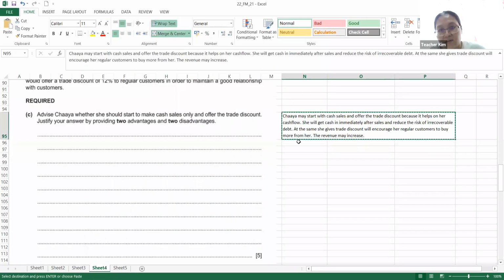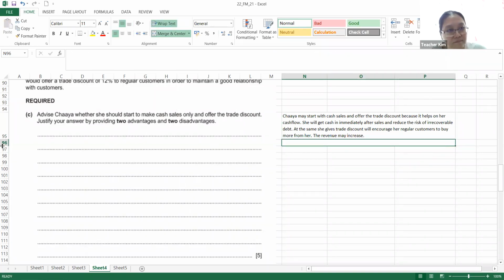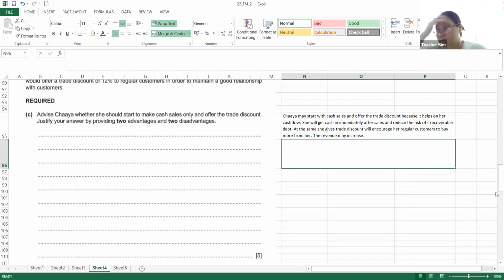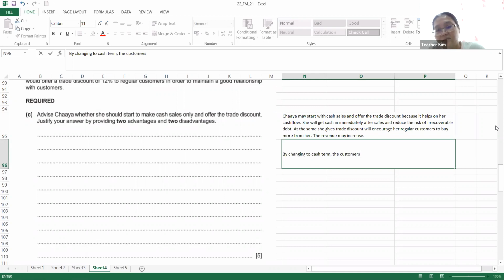But the disadvantage of it: by changing to cash, customers who cannot afford it may stop buying from Chaya.